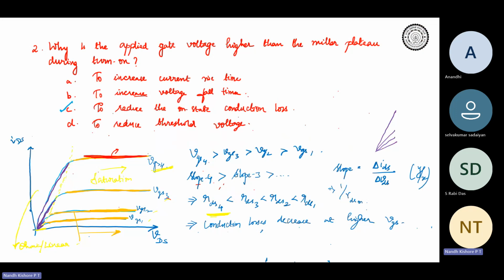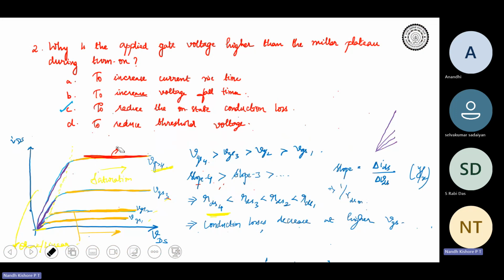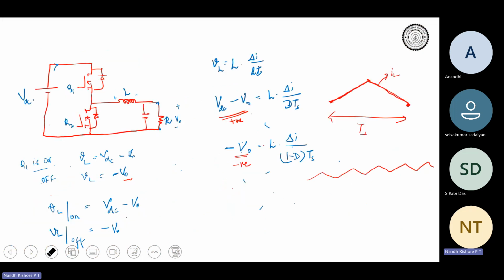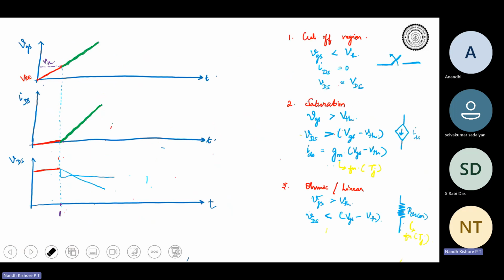If the slope is zero, then the resistance is infinity. That's why we are modeling it as a current source. If it is a current source, then obviously the resistance is infinity. If it is in the saturation region, we don't talk about RDS on, because the MOSFET cannot be approximated as an RDS on. It can be approximated as an RDS on only when it is in the ohmic region. When it is in the saturation region, it's like a current source.